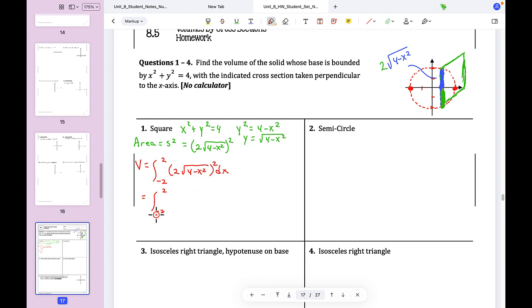Oh, squared, sorry about that. We square the 2, which gives us 4, and when I square the square root, it disappears. So we can bring this 4 out: 4 times the integral from -2 to 2 of 4 minus x squared dx.